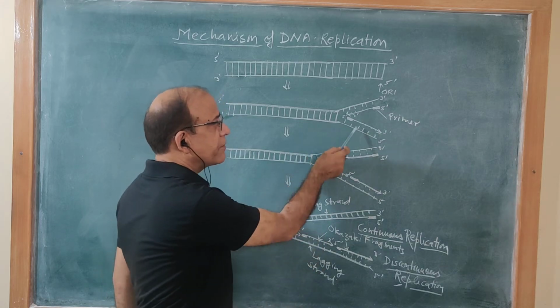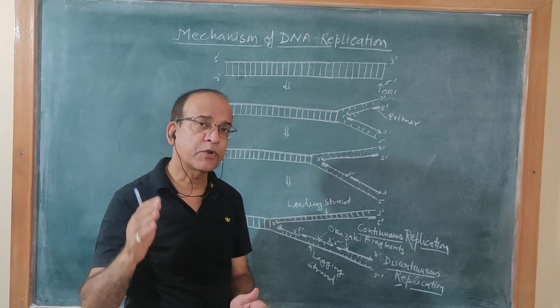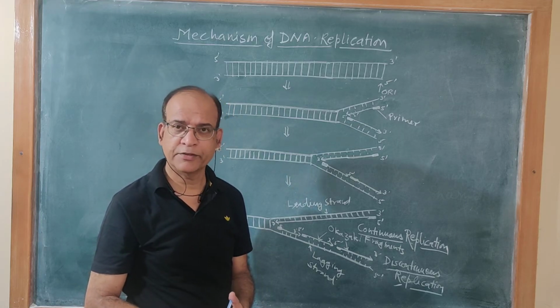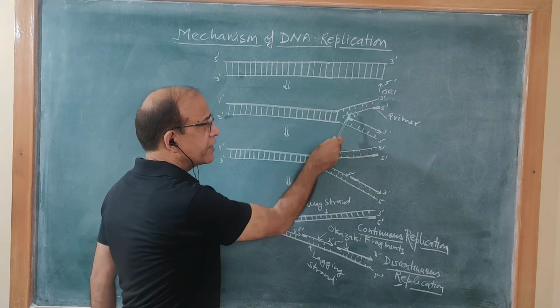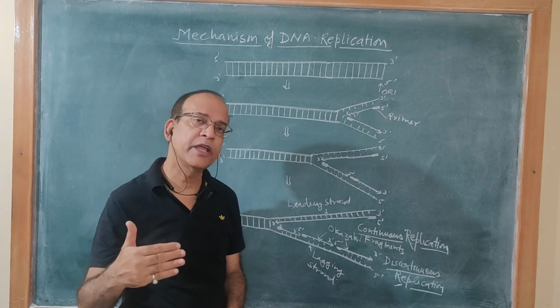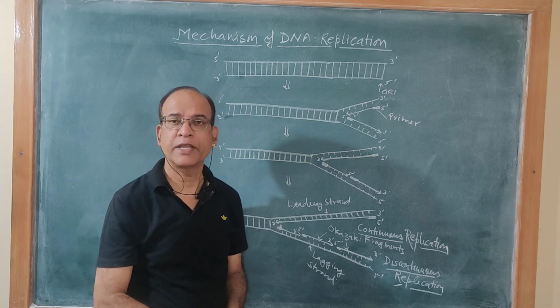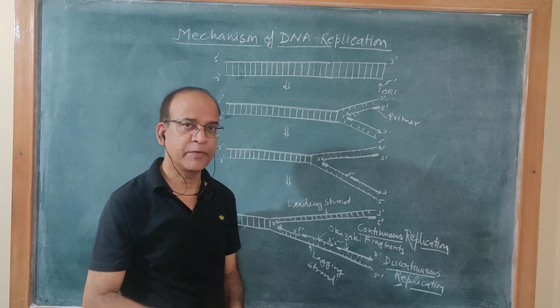On the two unwound strands of DNA, the process of replication now begins. On the separated strands, new nucleotides of DNA begin to be added, and they are joined by the enzyme DNA polymerase.